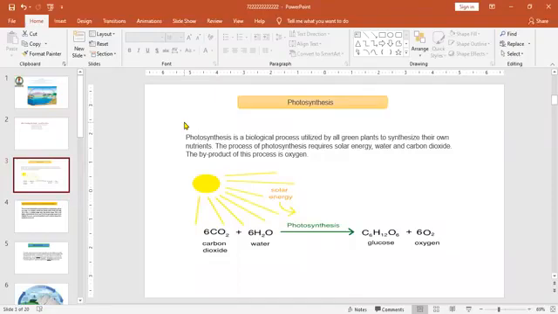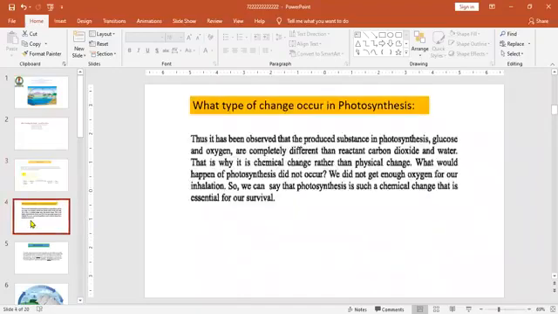Okay, this is the equation. Carbon dioxide and water react with each other, then produce glucose and byproduct oxygen. Thus, it has been observed that the substances produced in photosynthesis are glucose and oxygen.